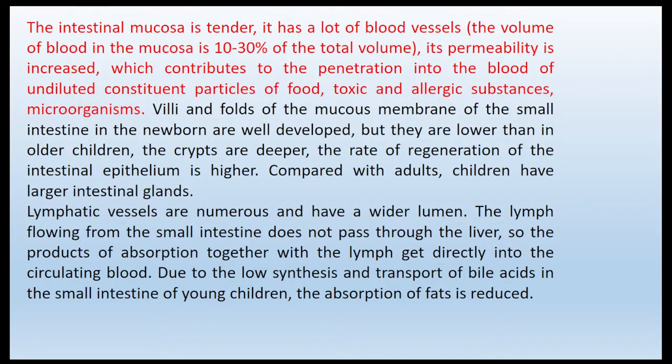The lymph flow from the small intestine does not pass through the liver, so the products of absorption together with lymph get directly into the circulating blood. Due to the low synthesis and transport of bile acids in the small intestines of young children, the absorption of fat is reduced. You must remember about this; absorption is not the same as in adults.